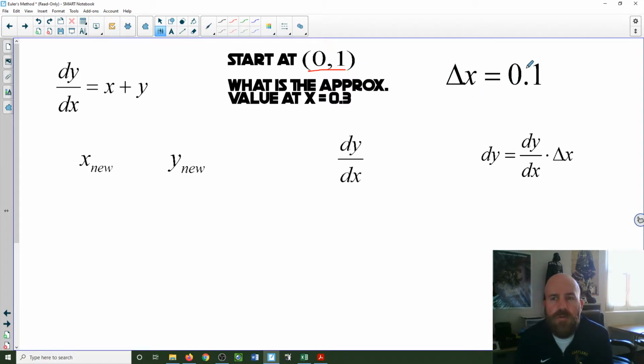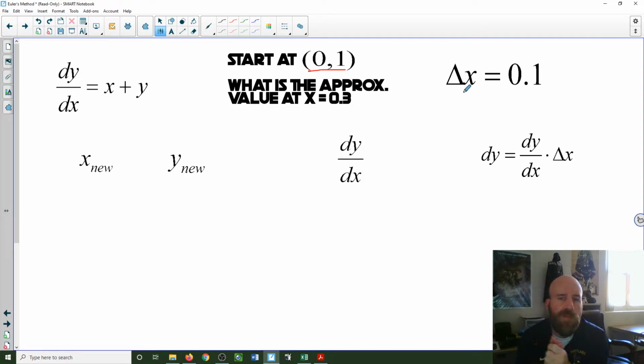The other thing that you are usually just told, or you have to figure out, is the change in x. So we're moving our x value up by 0.1 in this case. Sometimes they tell you where you're starting and where you need to get to, and they tell you how many equal steps you need to do. And you just divide the difference by however many steps you have to find that jump.